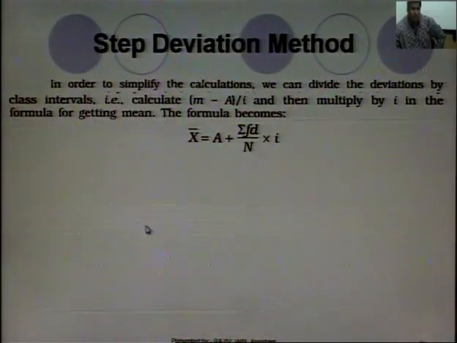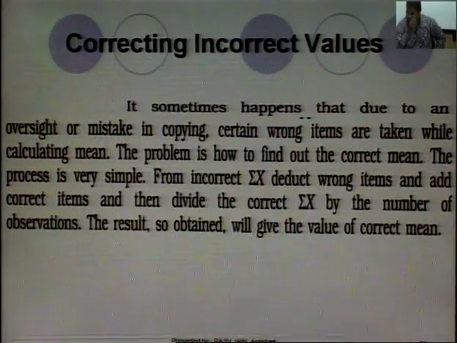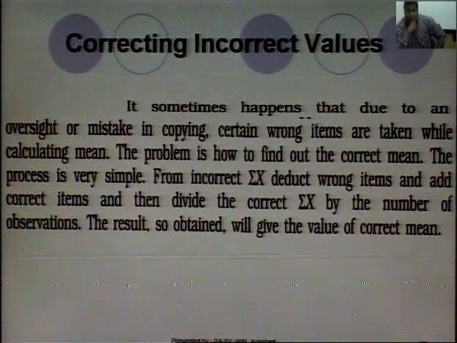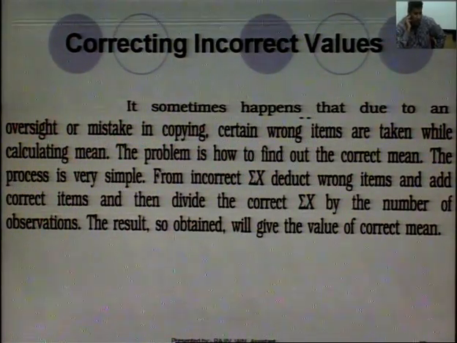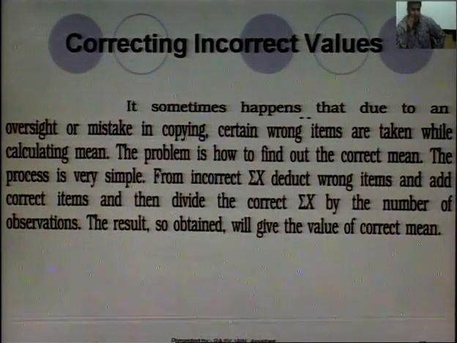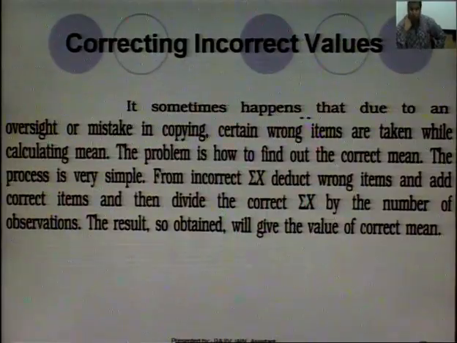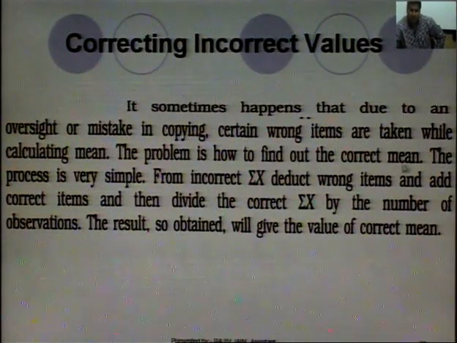Or in an individual series, suppose a student, for finding the average marks of the class, tells the teacher a wrong value. He says my marks were 30, actual marks were 20. Now we have taken the wrong mean. The problem is how to find the correct mean.